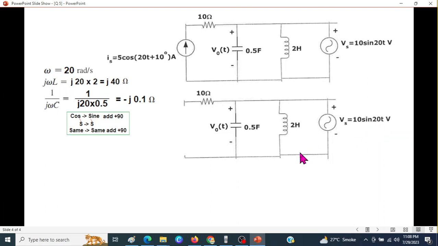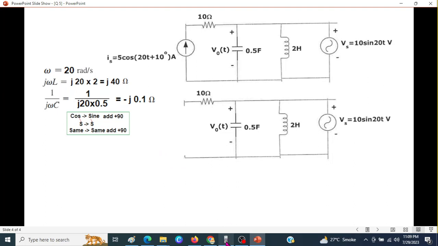And in my class, I had used this technique that if we are going from cos to sin, that is, same to same, then you add 90. Now here we are not going same to same, we are going from sine to cosine. Therefore, logically, we should subtract 90. Okay, now if you don't remember this, no problem.